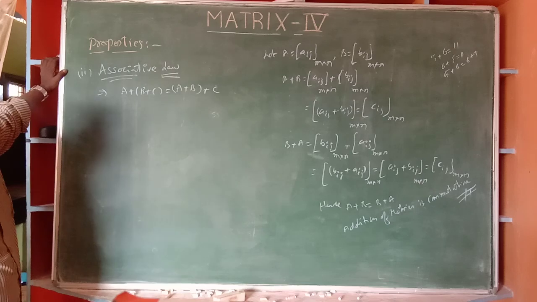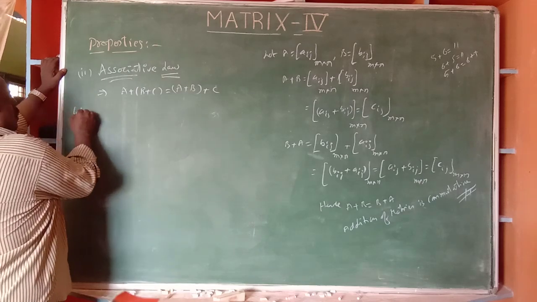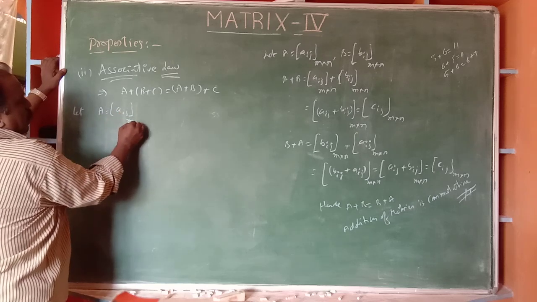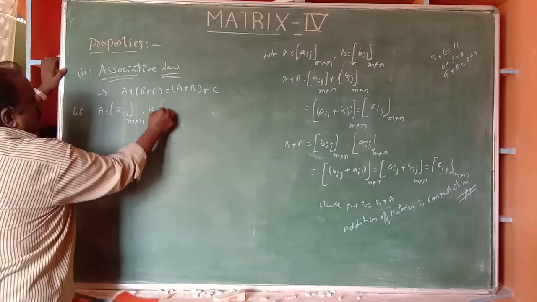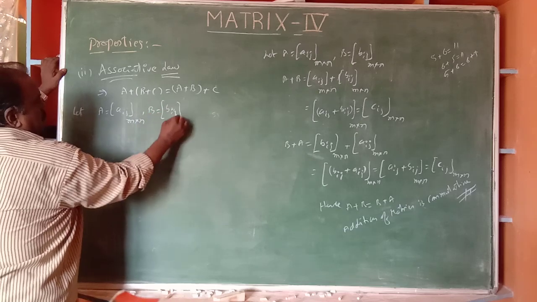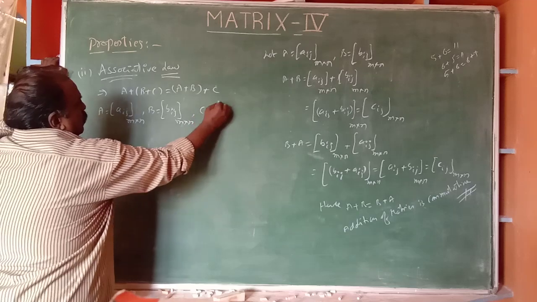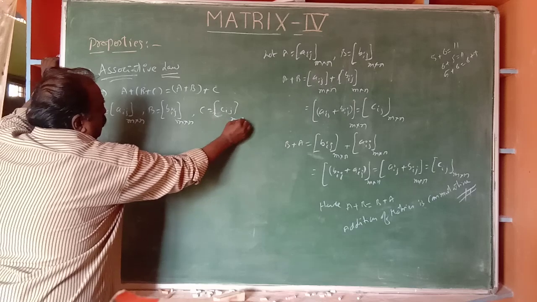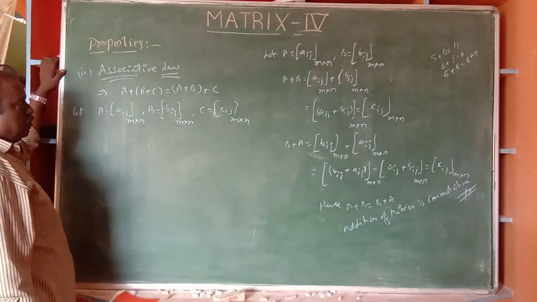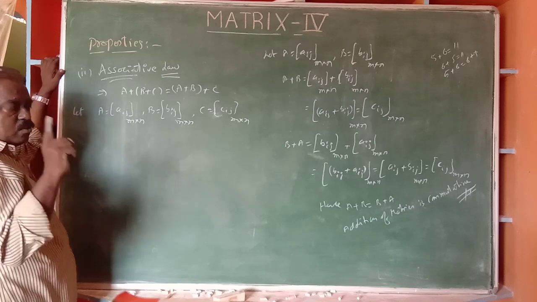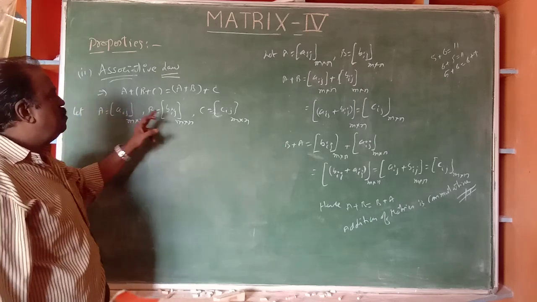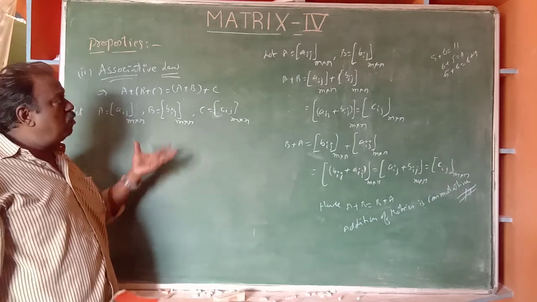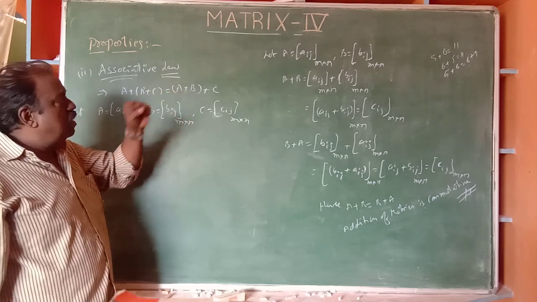Directly by taking the general matrices, I will do it. Let A be equal to Aij, M by N, B equal to Bij, M by N, C equal to Cij, M by N. All the matrices have the same order. Of course, the elements inside the matrices may be different, but the order must be the same.